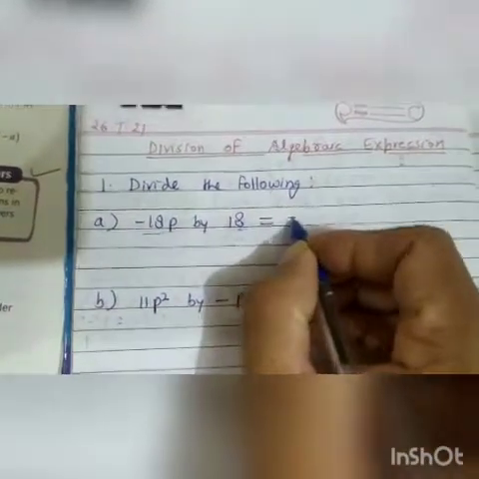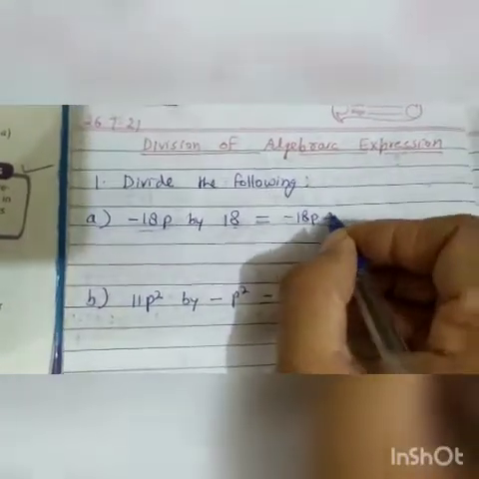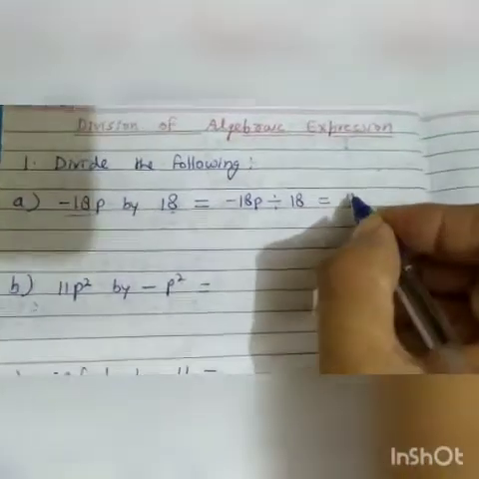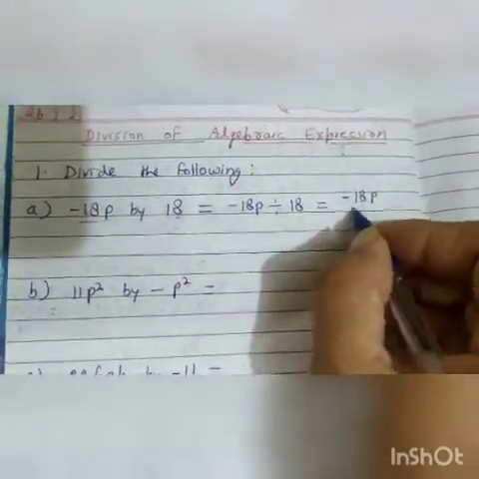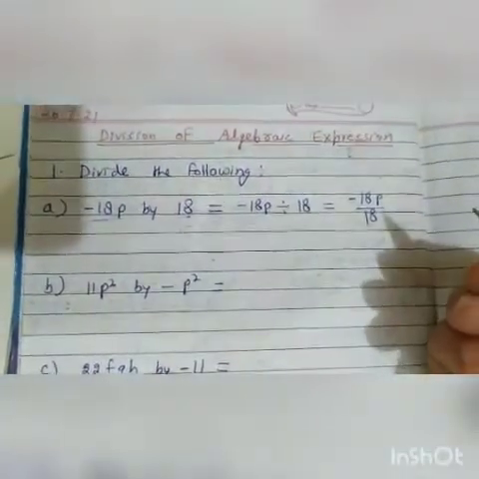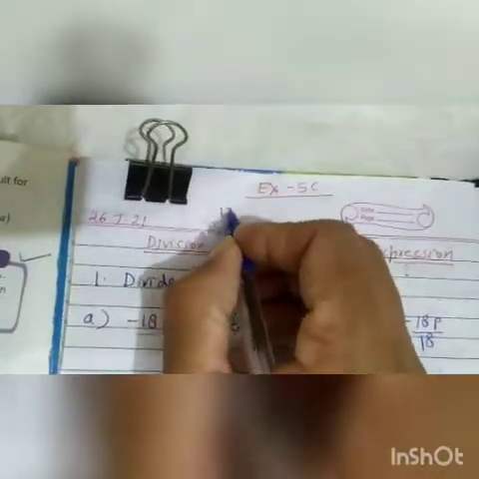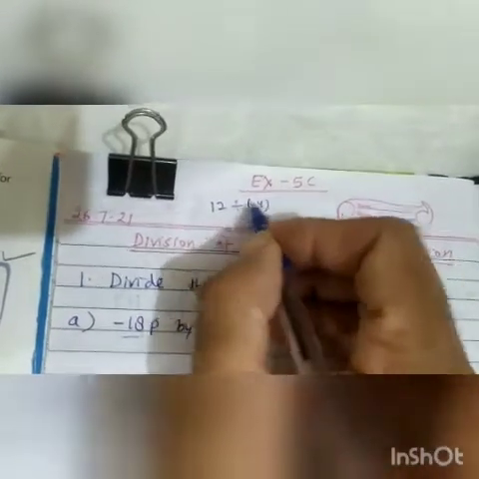First we will write it with the division sign. This minus 18p divided by this 18. Now we will write it in this way, minus 18p upon 18. We will do it as we do simple division. See here students, suppose 12 divided by minus 4, how will we write it?